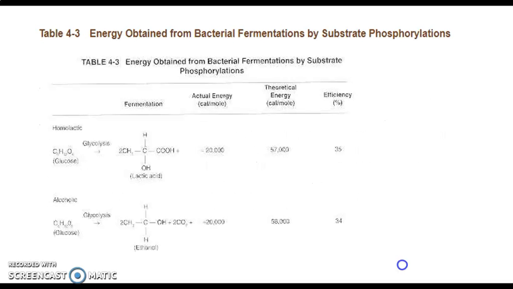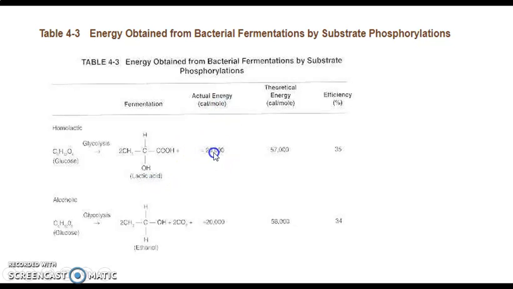So that is the energy obtained by the bacterial fermentation of yeast. Compared to aerobic respiration, less energy is obtained by the fermentation of the bacteria. In homolactic fermentation, the glucose is fermented and lactic acid is produced as the product.